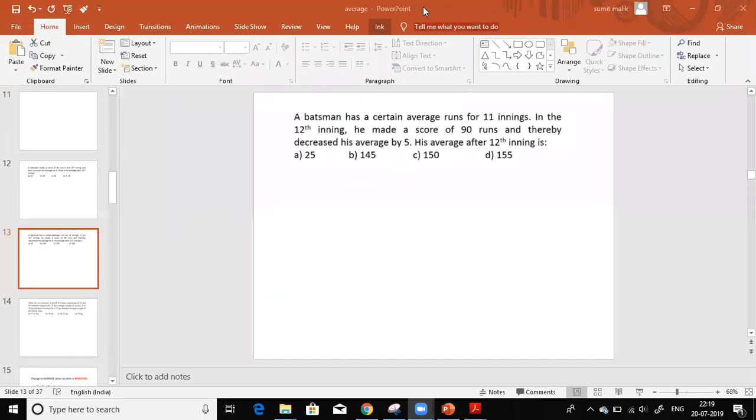Very good, very good. There is no difference between this question and the last one. Both are the same. Perfect. Both are the same. Good.